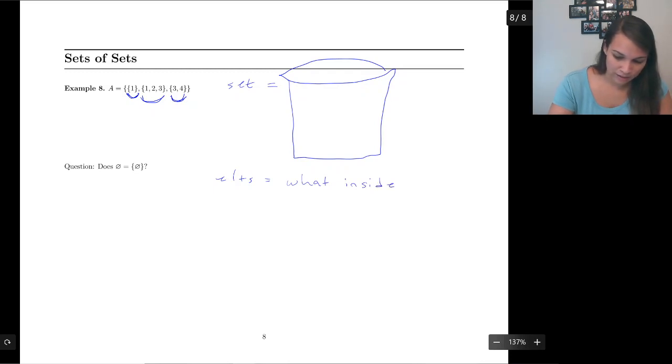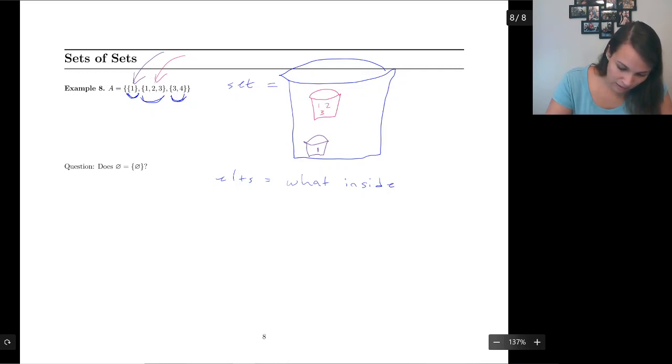If we say that this guy is purple, the first element is this trash can with a 1 in it. We have this element, the trash can with 1, 2, and 3 in it.